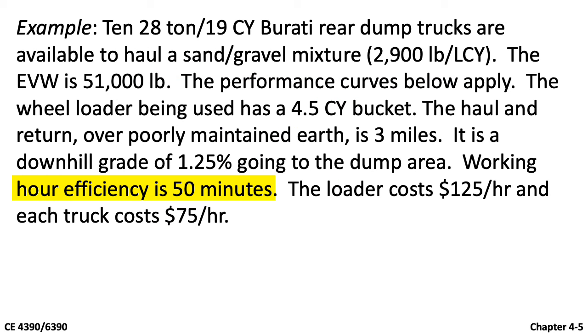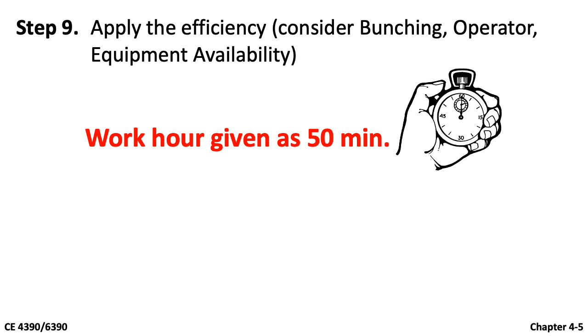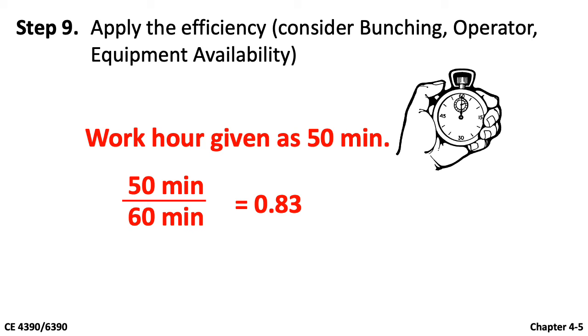In this example, as given, the work time is 50 minutes. You are not required to calculate it, and in this course, we are not covering how to calculate efficiency. Since the work hour was given as 50 minutes, we got 50 minutes per 60 minutes, or 83% efficiency.